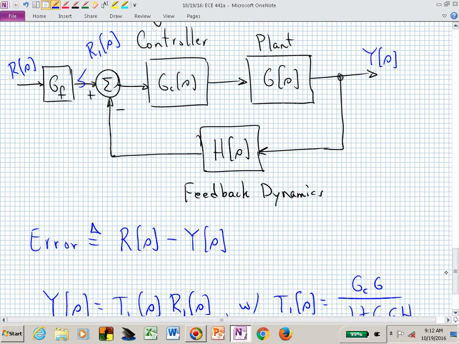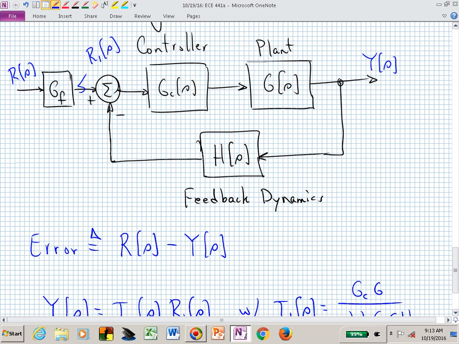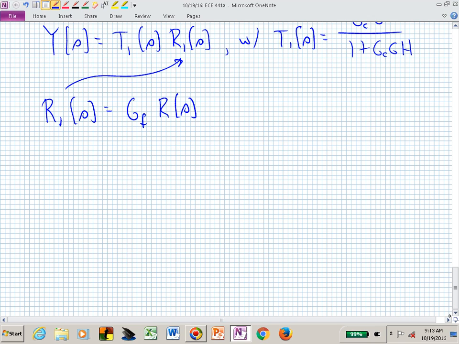And you are very comfortable doing that, and now you essentially have the transfer function between R and Y, because you know how R and R sub 1 are related in this block diagram. R sub 1 is the output of the block G sub F fed in with R. And so now we know that R1 is G sub F R, and we can now plug that R1 in the earlier expression to obtain the overall transfer function.